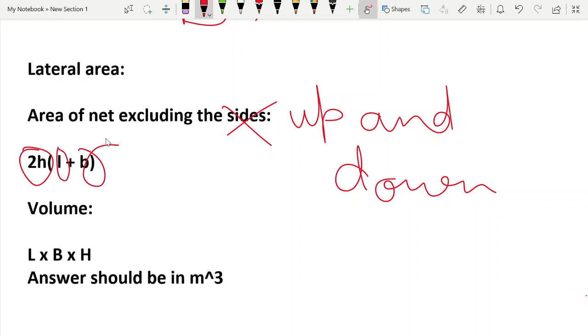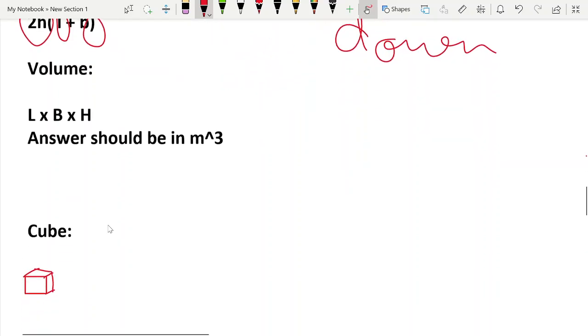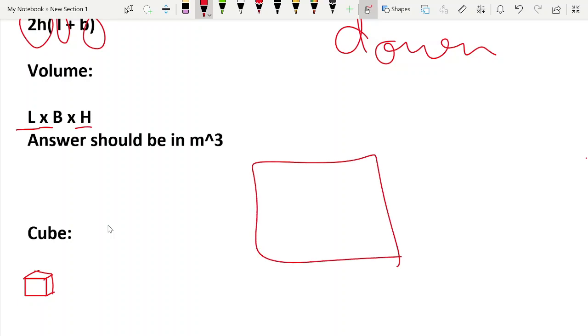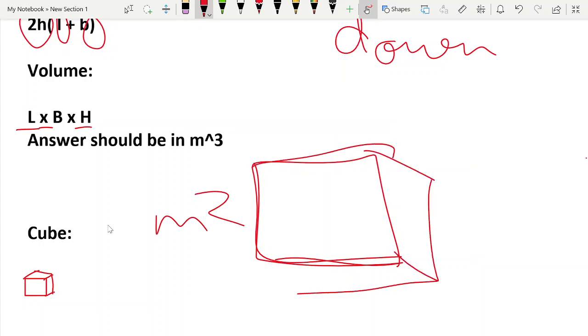Now our volume for a cuboid is l times b times h. The answer should be in meter cubed, because for 2D shapes you put it in meter square, but when you've got another dimension to care about, you put it in meter cubed.